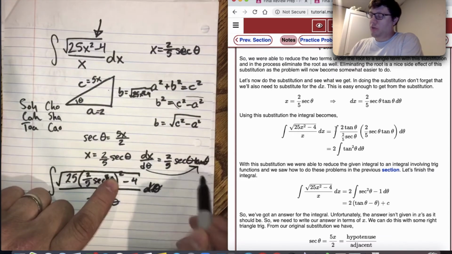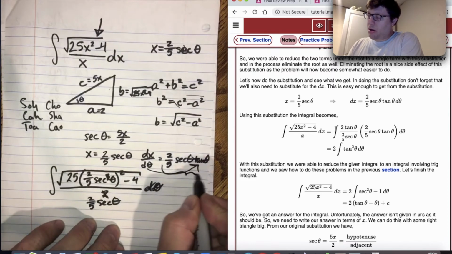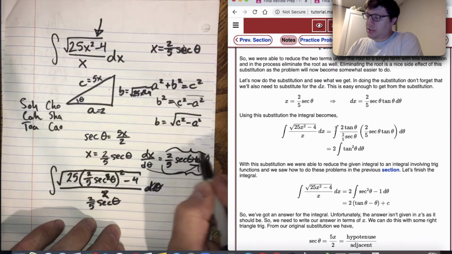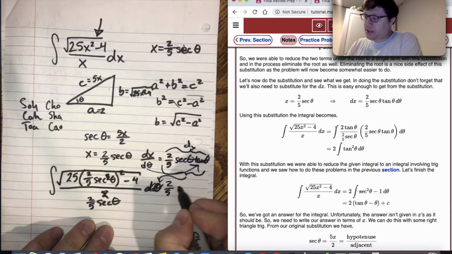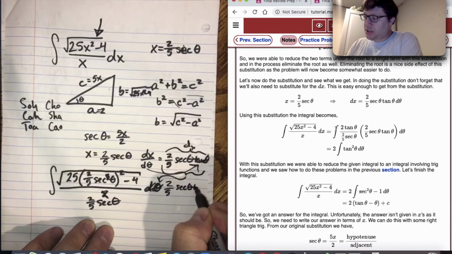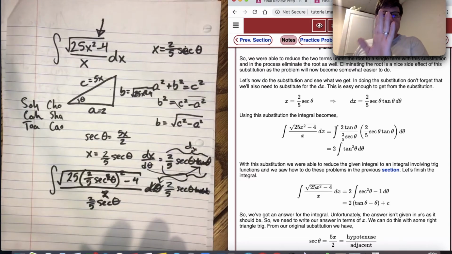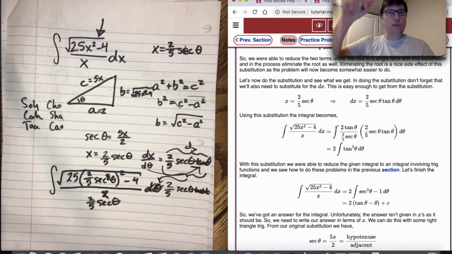Putting d theta over there means that all of this is dx, and it's going to go right here: 2/5 secant theta tangent theta. I'm running out of room.